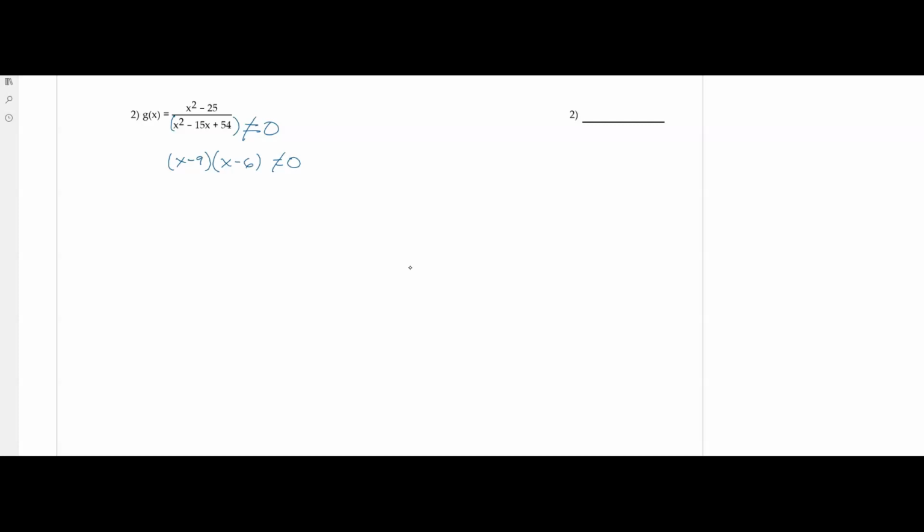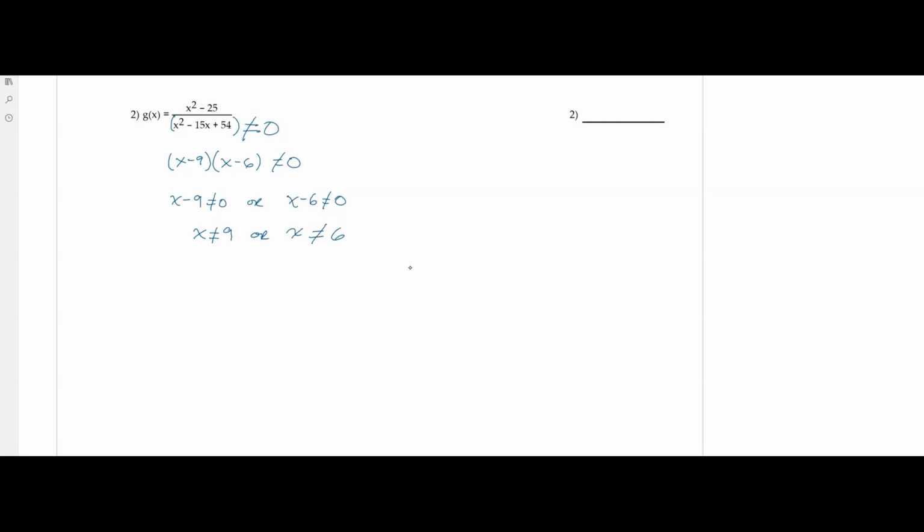Alright, so now we have to set each factor to not equal to 0, because it cannot be equal to 0. So x minus 9 cannot be equal to 0, or x minus 6 cannot be equal to 0. Okay, which means that x cannot be equal to positive 9, or x cannot be equal to positive 6.